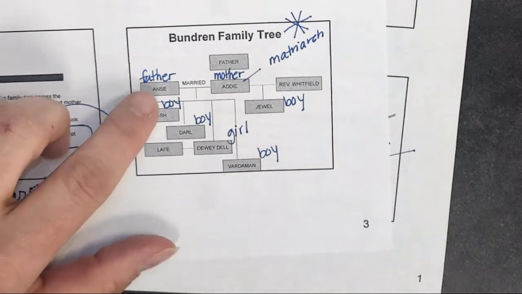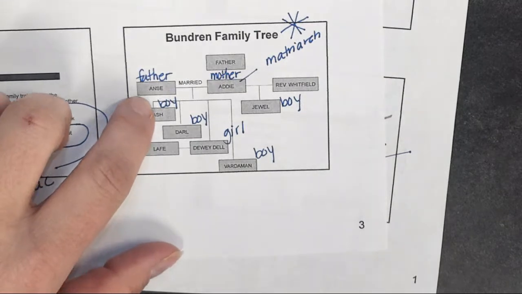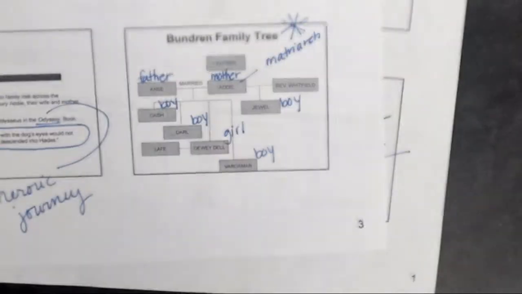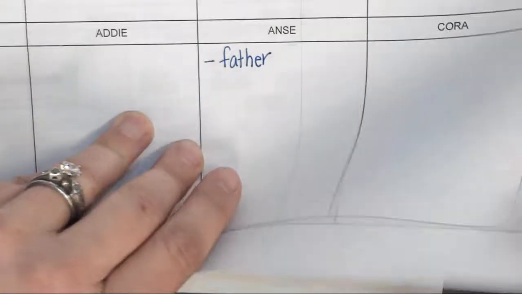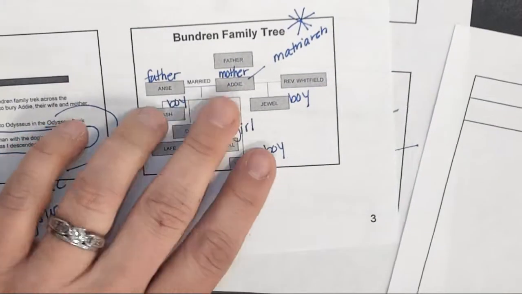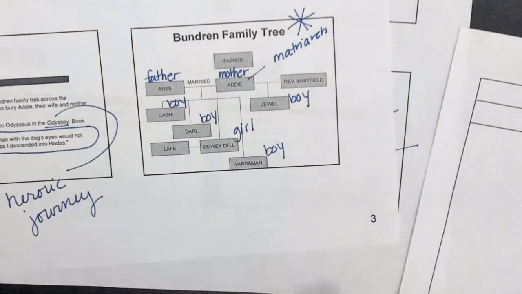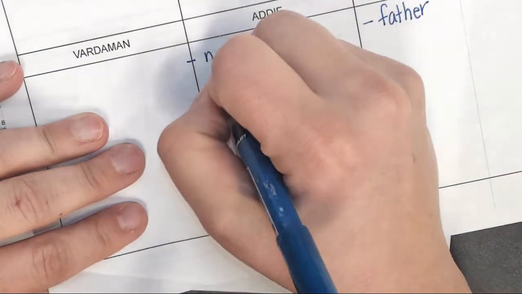Okay. So the first thing here is that Anse is the father. So on my character chart sheet, I am writing down that Anse is the father. Okay? The mother is Addie. So I'm writing down that she is the mother.